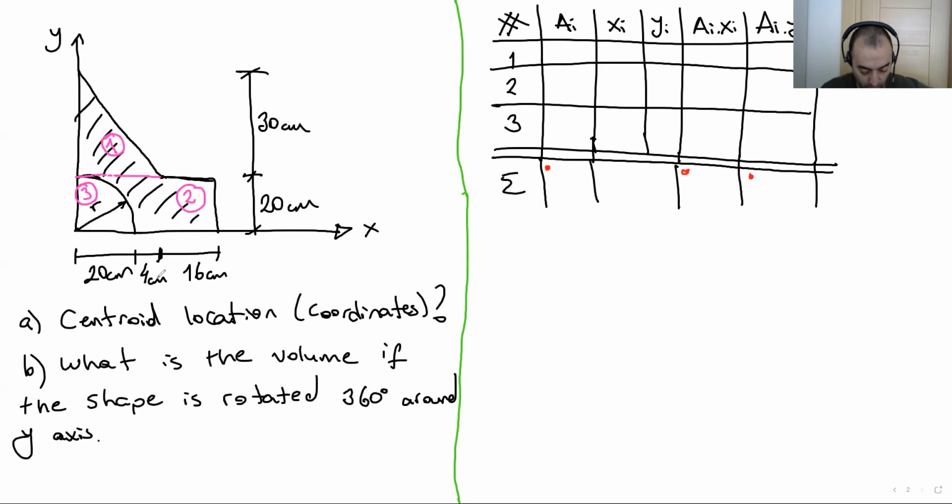Okay, so let me calculate it. This is the area, and let's do the dimension of its centroid. Here is the centroid.